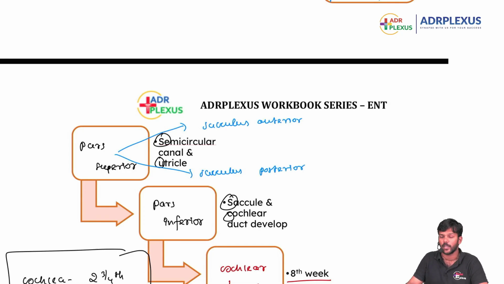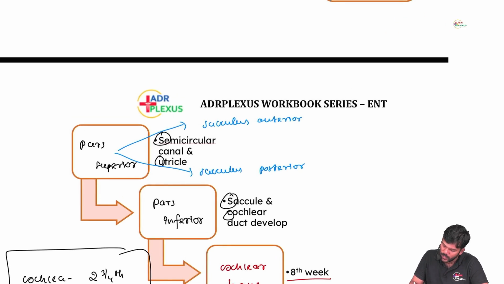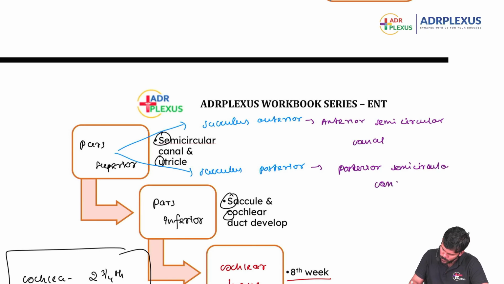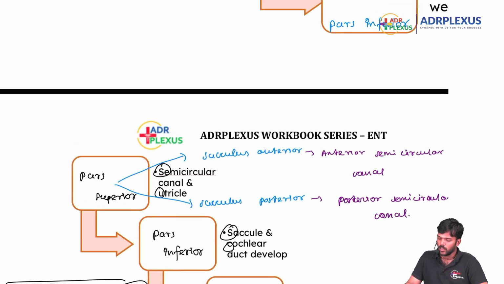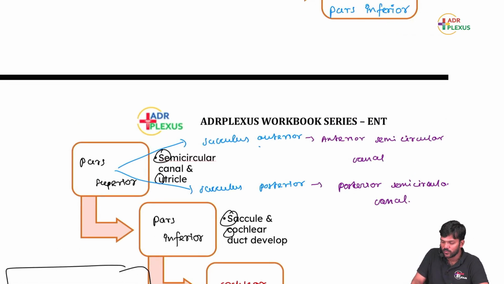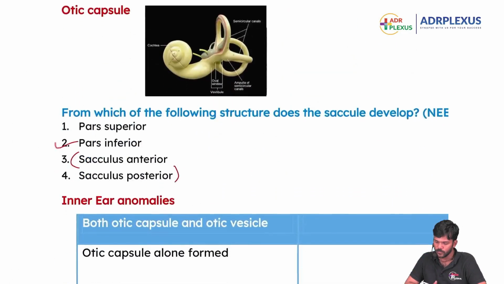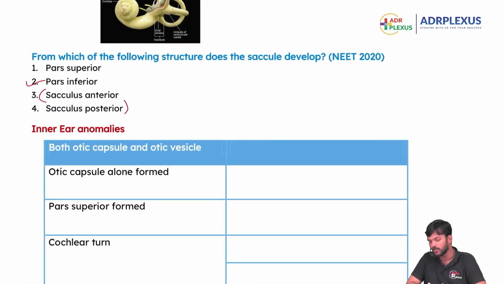The sacculus anterior will form the anterior semicircular canal, and the sacculus posterior will form the posterior semicircular canal. These are the structures that will be derived from sacculus anterior and sacculus posterior. That will be a little more elaborate too.